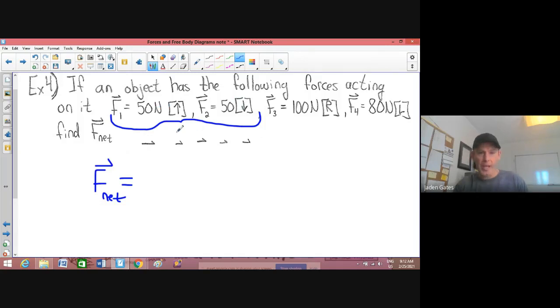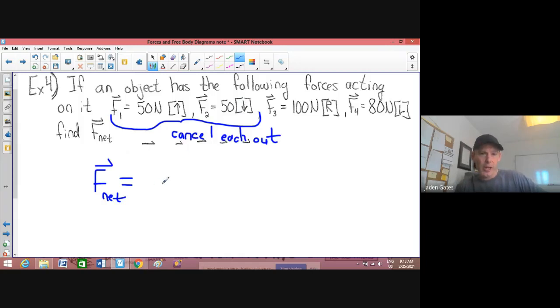And so when I add them together, they essentially cancel each other out. It's like taking one step forward and one step back. In this case, 50 newtons up, 50 newtons down. You're back to square one.